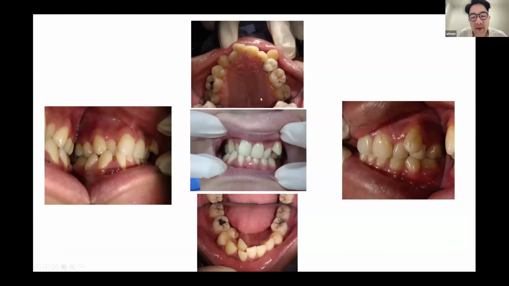Okay, so this is another case, which is similar. A lot of things are quite missing. Another thing is how important is it to capture this side of the soft tissue, the buccal view?